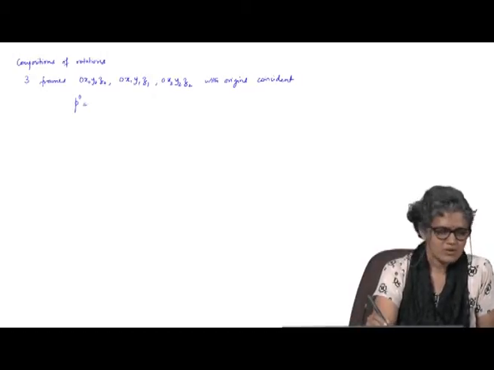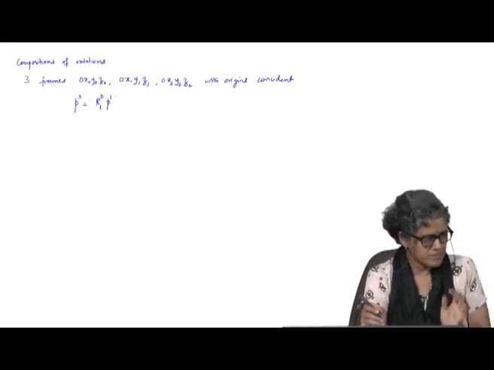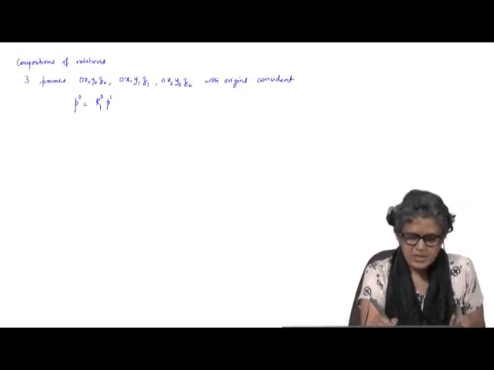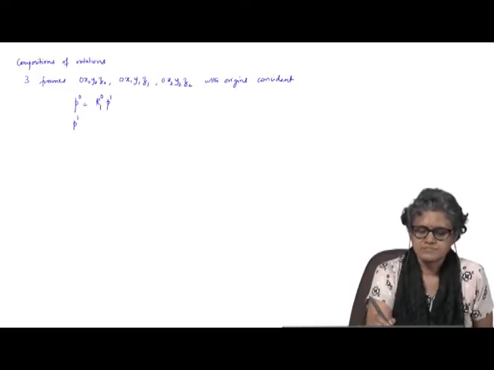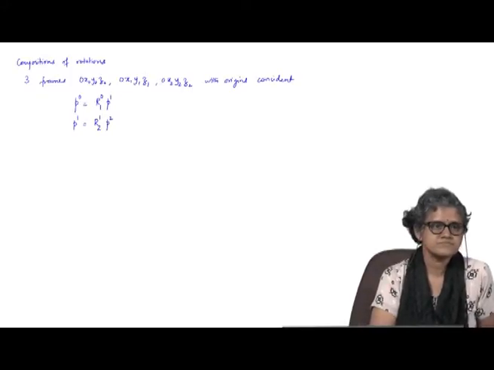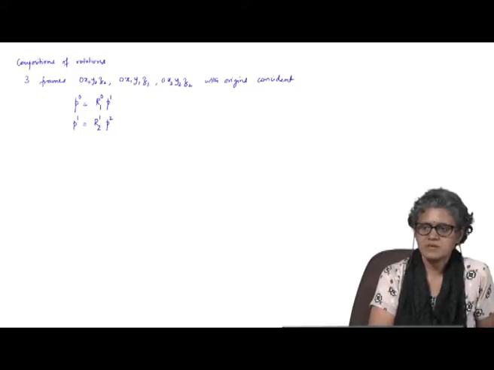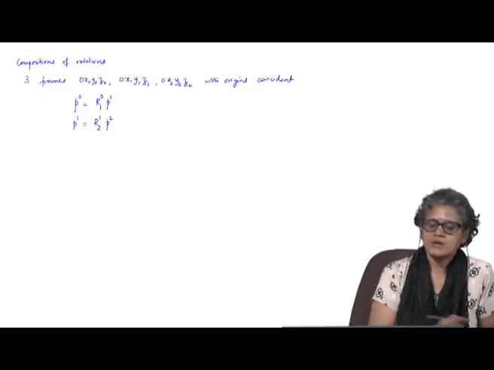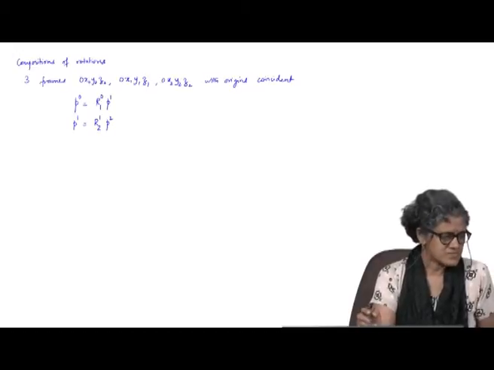I have P naught equals R10 P1. Let us say I have P1 can be described as this, with respect 1 and 2 can be related in this fashion.